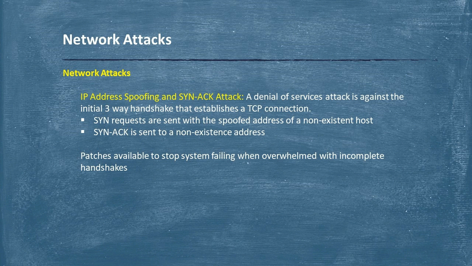SYN requests are sent with a spoofed address of a non-existing host. SYN ACK is sent to the non-existing address. Patches are available to stop the system from failing when overwhelmed with incomplete handshakes. And because no such address exists, since it was spoofed, it is a non-existent address.